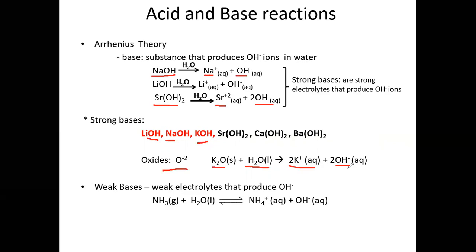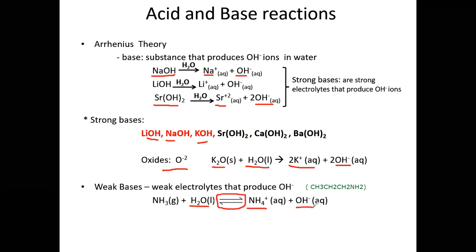So again, an amine is a compound that contains a lot of carbon and hydrogen, and it has at least one nitrogen. So for example, this would be an example of a weak base. So it has a bunch of carbon and hydrogen, and it has an NH2 at the end. And so when you put weak bases in water, again, since it's weak, we see the double-headed arrow, which is a characteristic of weak electrolytes, and we form the ammonium cation and hydroxide.